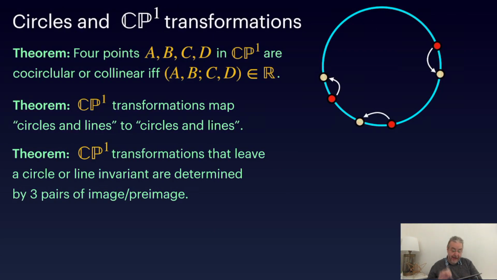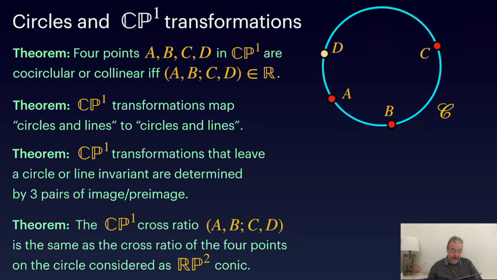For this next point, I will write down a theorem that I won't prove in this lecture. We will prove it in the next lecture, but I want to state it already now. Consider a CP1 cross ratio of 4 points on the circle, and we know this is a real number.